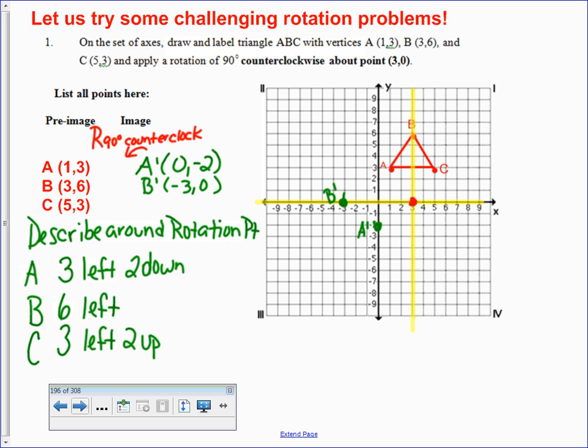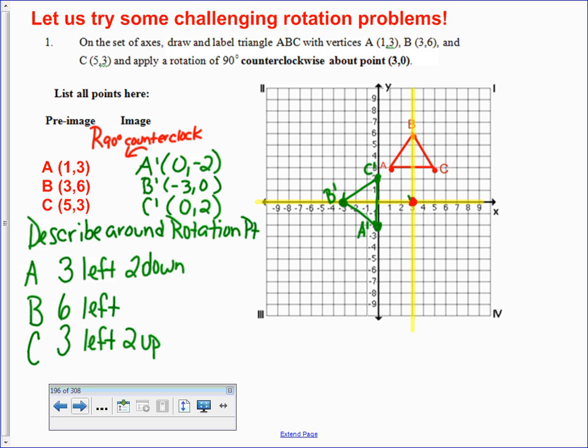Now I'm going to do the same thing for C. Again, I start at my rotation point, and C is 3 units to the left, 1, 2, 3, and then 2 units up. So C prime is going to be located at (0, 2).